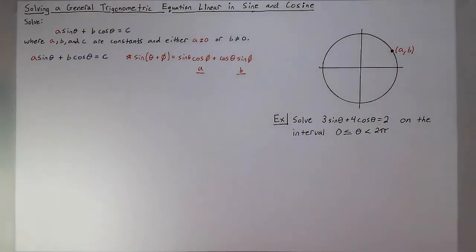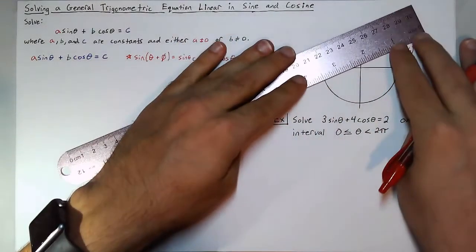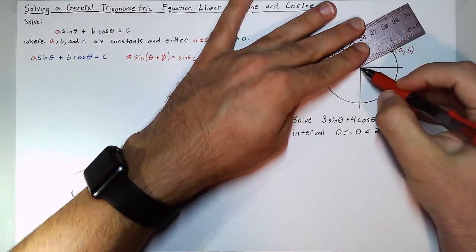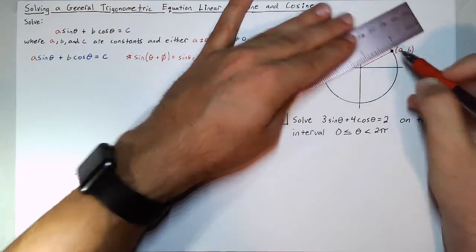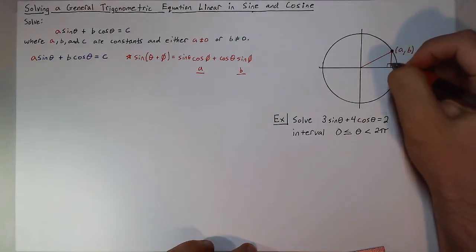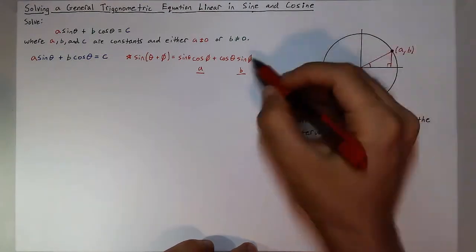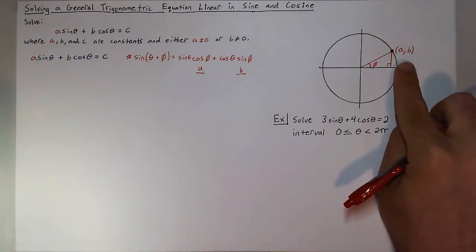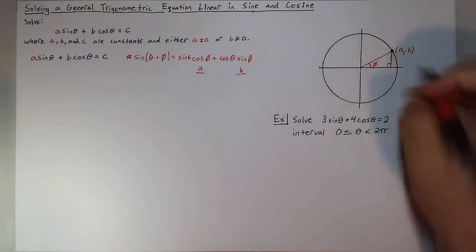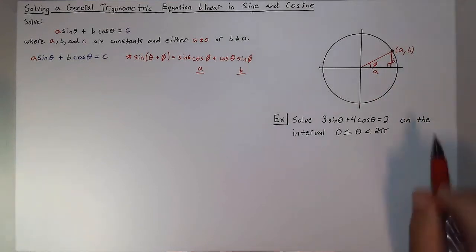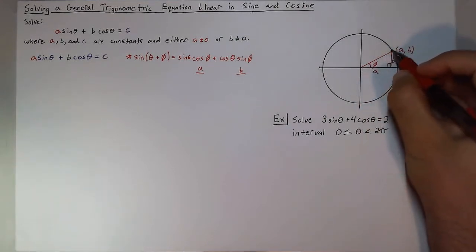And I'll draw a line. Now, knowing this, if I draw a reference right triangle with this particular angle I'm going to call phi, I can see here that my x side will be a length of a, and my y side will be a length of b. So now, what would the hypotenuse be?